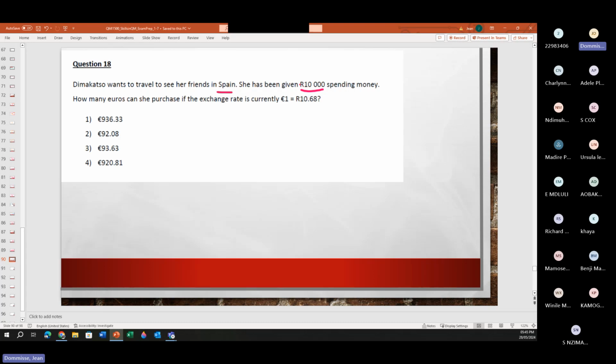Okay, so all that we're going to do here is to say, if 1 euro is equal to 10.68 rand, how many euros do I have if I've got 10,000 rand? This was ages ago when the euro was still affordable. So 10,000 divided by 10.68.